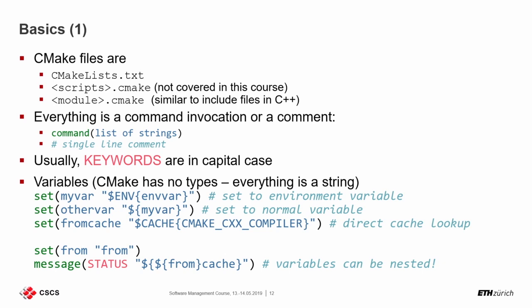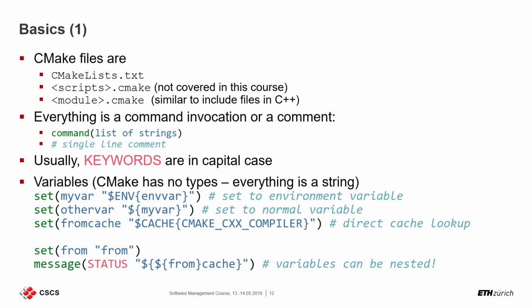So, for example, if you create a variable, let's start from the lower one. I have a pointer here. Here, for example, I have a variable called from, and I set it to the string from.